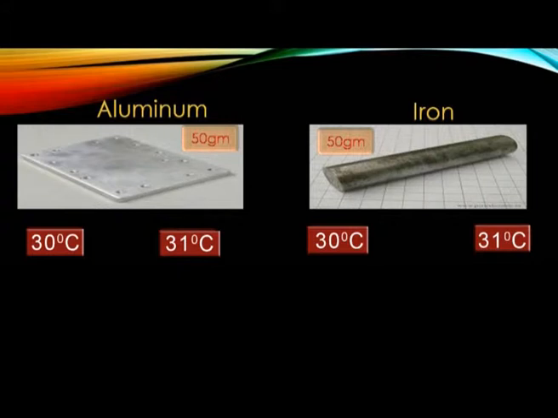That means I am supplying the heat for the increase of 1 degree centigrade. The minimum energy required to raise 1 degree centigrade of temperature of a unit mass of substance is called the specific heat.